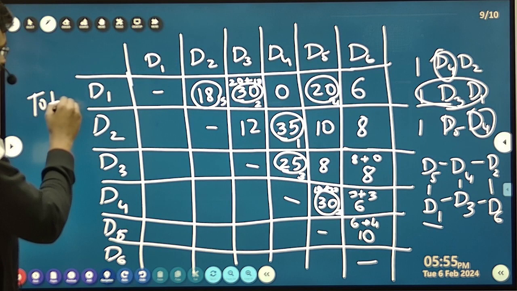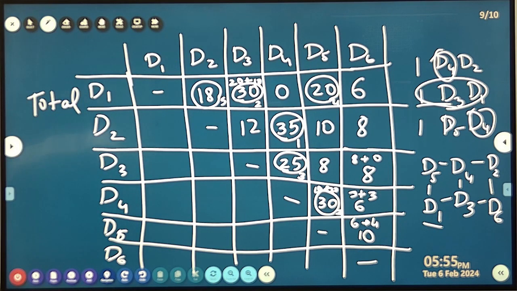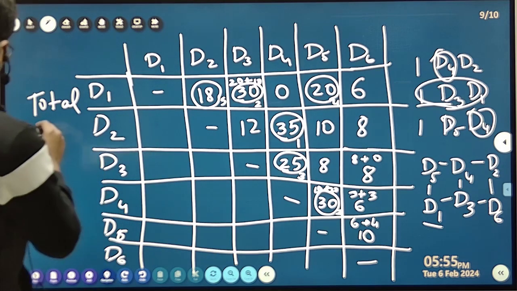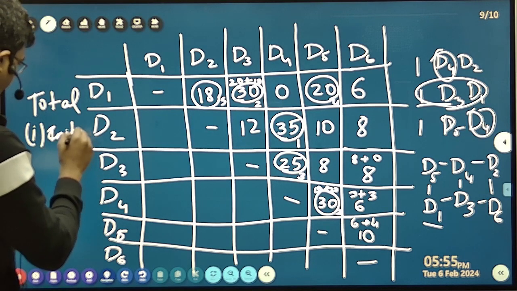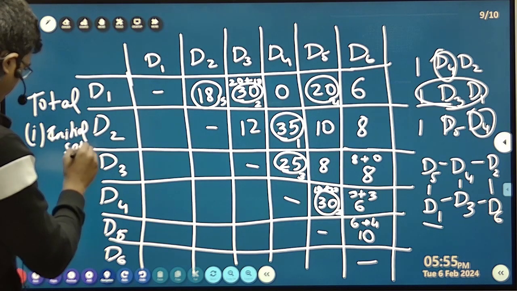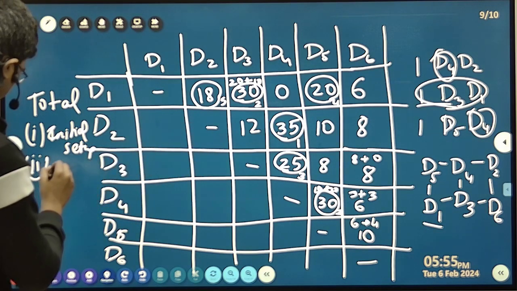We have done that in the previous problem, right? You must be remembering how we did it. We multiply the distance with the frequency. So you find it for the initial setup and for this final setup.